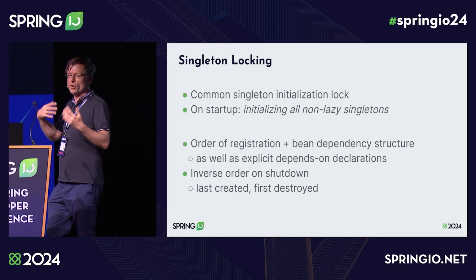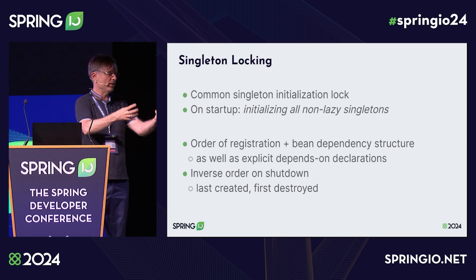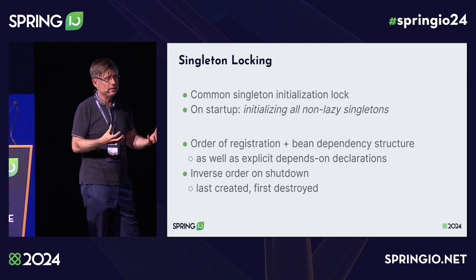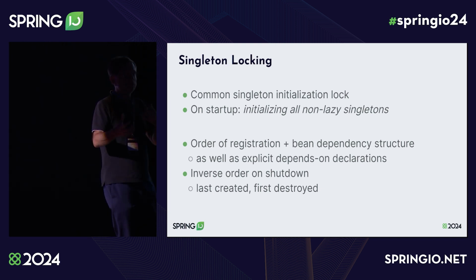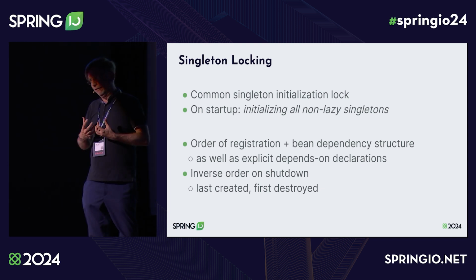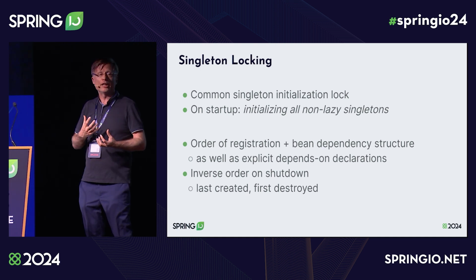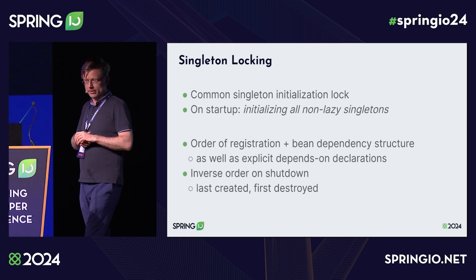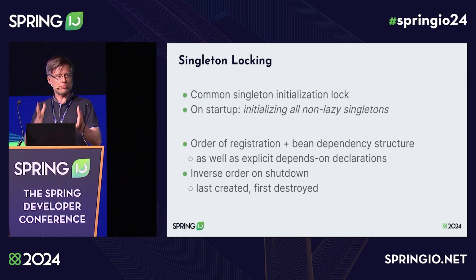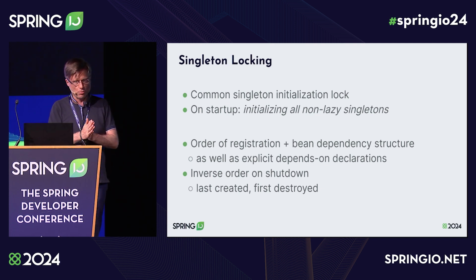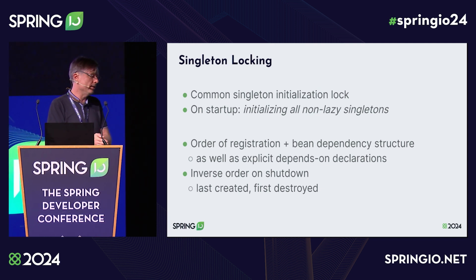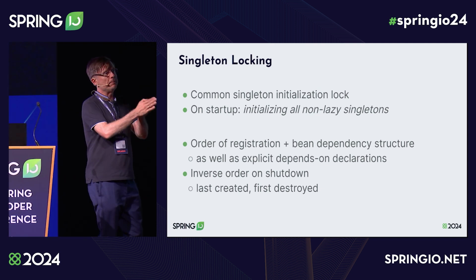If you have more than one thread potentially trying to obtain a singleton that hasn't been created yet, you get into trouble pretty quickly if this is not an atomic step. So there is a serious degree of locking in the traditional Spring Core container for creating a singleton and its dependencies.